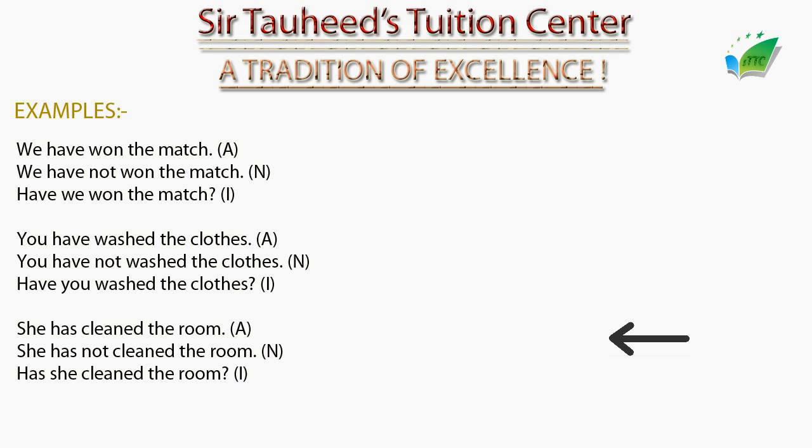Next, if we want to make its interrogative sentence, then we have to use helping verb before the subject, and then subject comes after the helping verb. So the sequence will become like this. Has she cleaned the room? And this is an interrogative sentence. Don't forget to put interrogation mark in the end.